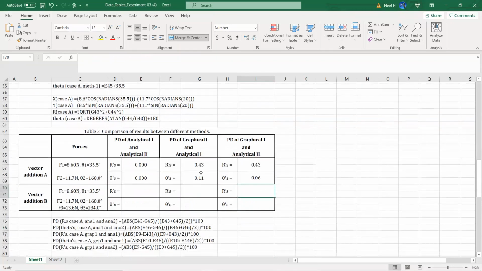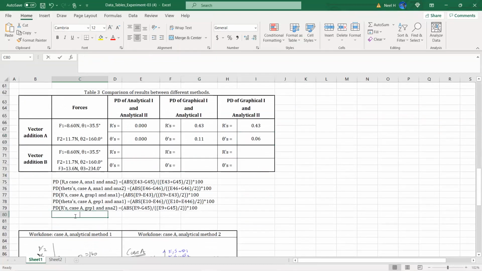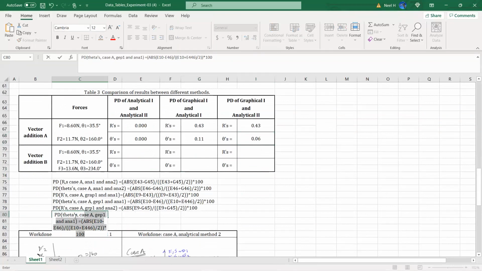That should be about the same as previous. Then we'll put that also into here. It's going to be then PD, thetas for case A. We are comparing graphical method 1 and analytical method 2.